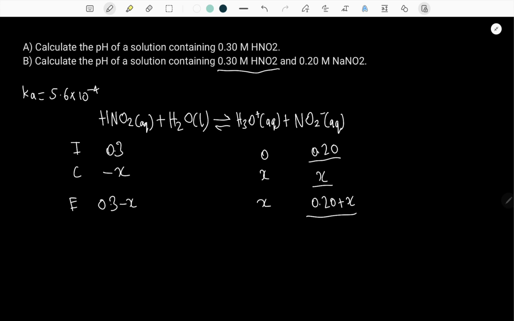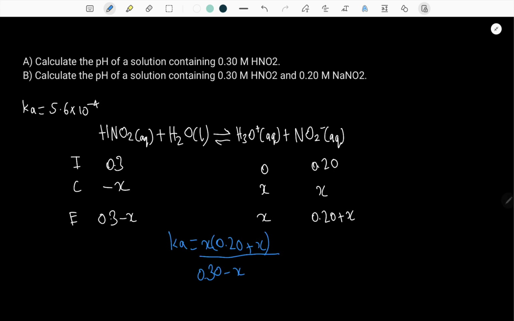This is going to make a change when we are solving for Ka. So let's write the equation again. Now in the numerator we have x times 0.2 plus x. Since this is the products and the reactant side, we just have 0.3 minus x.